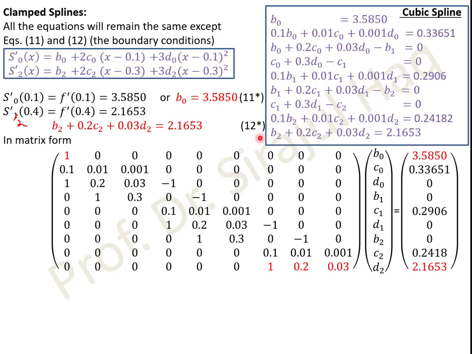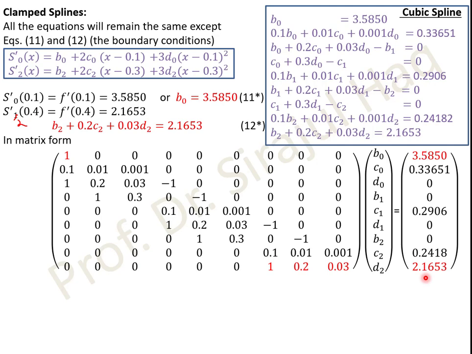And similarly, in the last case, the coefficients of B naught, C naught, D naught, B1, C1, D1 are 0. And you can see that I have replaced these coefficients by 0. The coefficient of B2 is 1, the coefficient of C2 is 0.2, and the coefficient of D2 is 0.03, and this is equal to the right hand side.